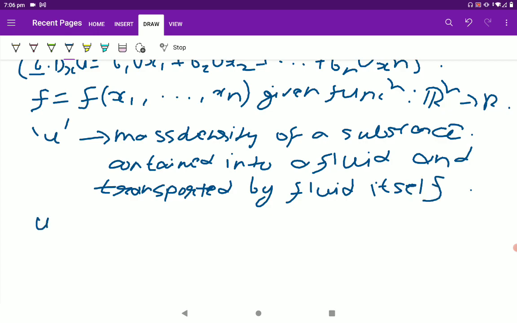So we can write u, the mass density, as a function of x and t.